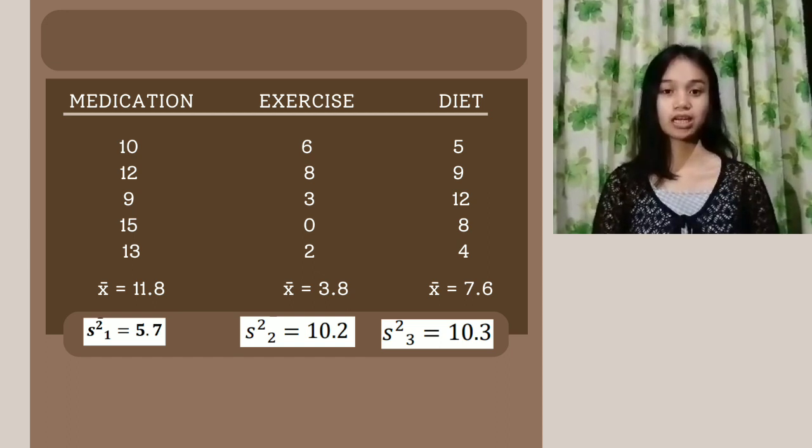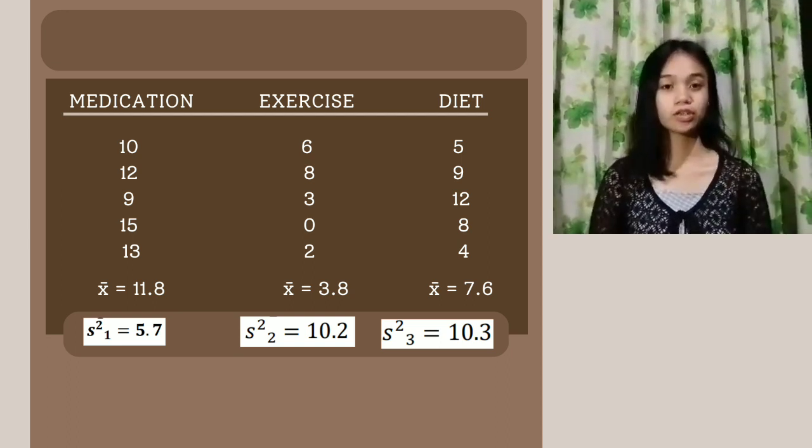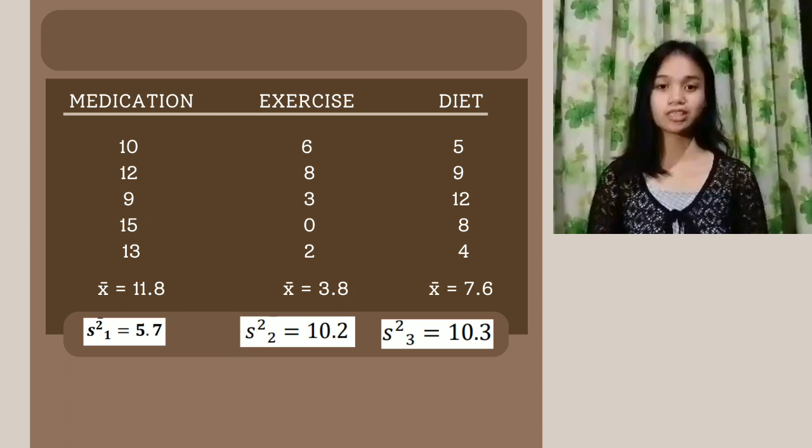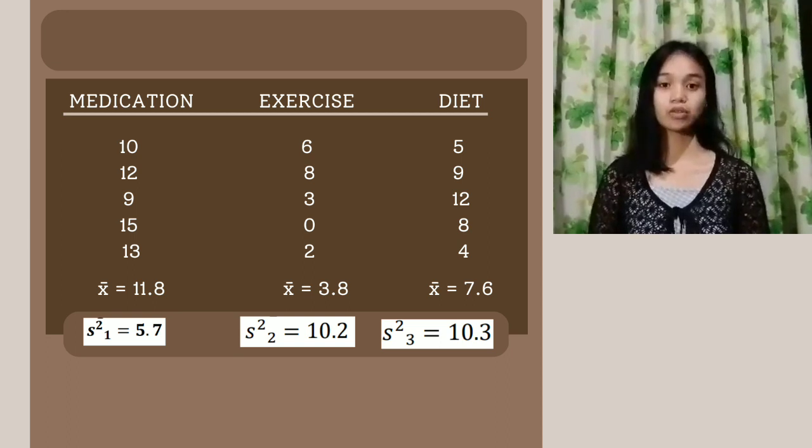While under the diet are the following numbers: 5, 9, 12, 2, and 4, with a sample mean of 7.6. The S squared sub 1 under medication is 5.7, while S squared sub 2 under exercise is 10.2, and S squared sub 3 under diet is 10.3.